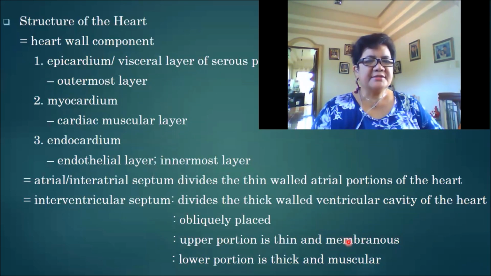Whenever there is a defect in the septum, the septum will be open, and there will be a left and right transfer of blood. The interventricular defect would almost always be seen in the upper portion because it is thin and membranous.